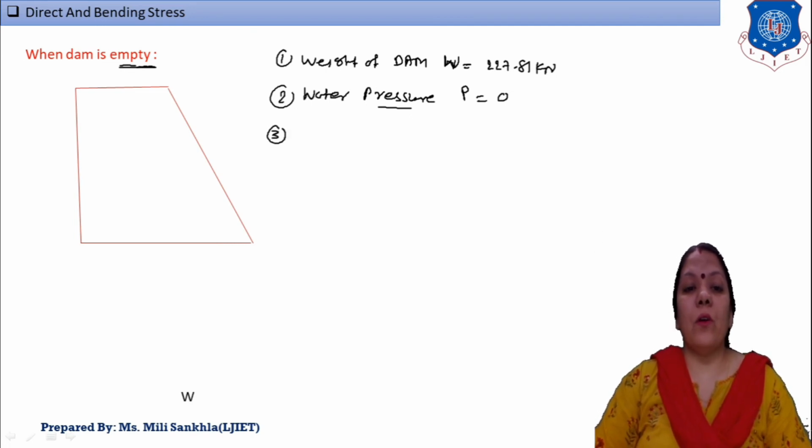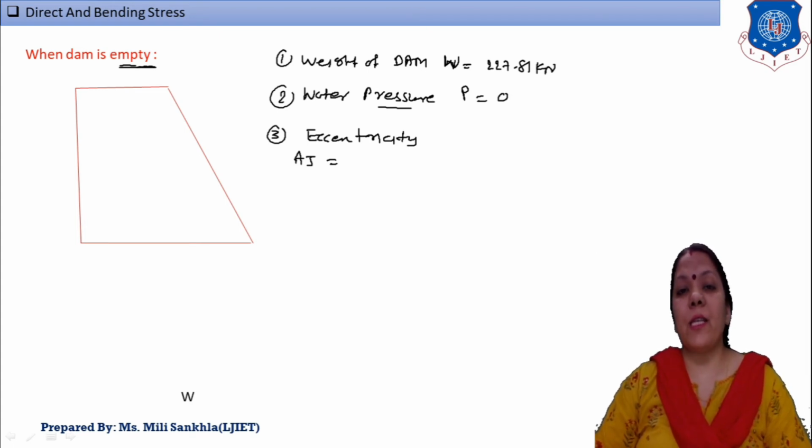Now third we find out eccentricity. AJ is same, because this is the construction of side wall of dam and the CG of this dam is same, because when dam is empty only water pressure is affected, but CG is not affected.